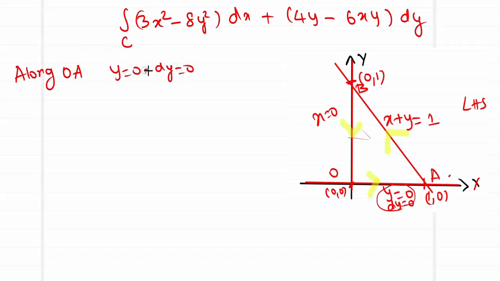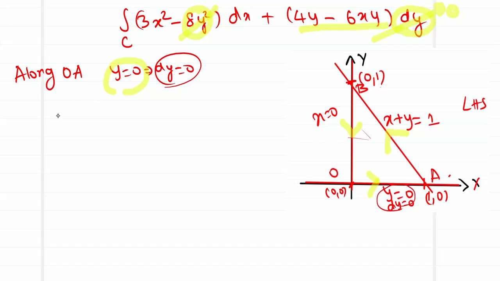So y equal to 0 implies dy equal to 0. When these quantities are substituted, what will happen to the second term? The second term, which has dy, will entirely vanish, moving towards 0. Now y equal to 0 over here, we have a y. So what will happen to this term? This term will vanish.